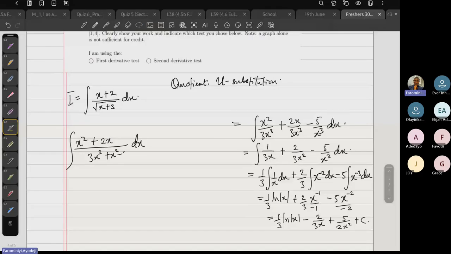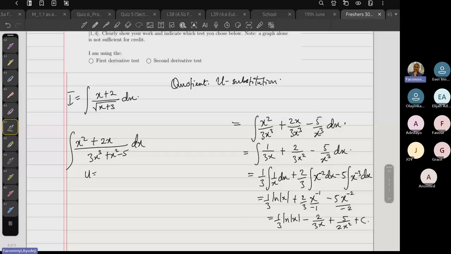So for this one, I know I cannot split it, but I know that if I take the u as, okay, I still need to do some adjustments here. I don't want to run into trouble.